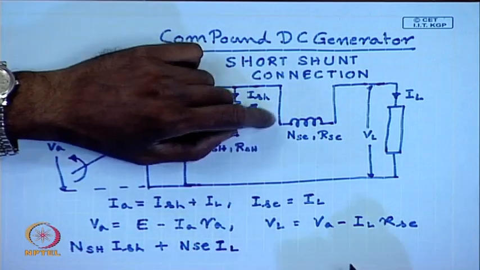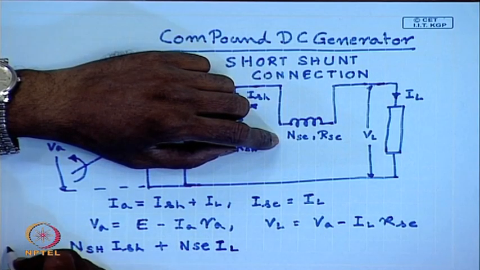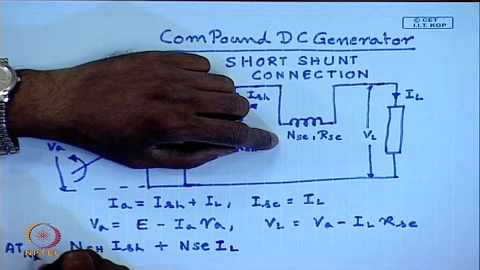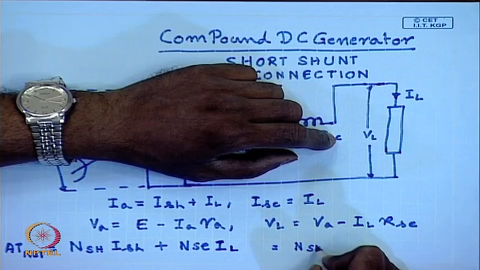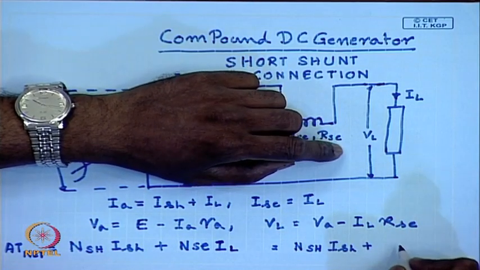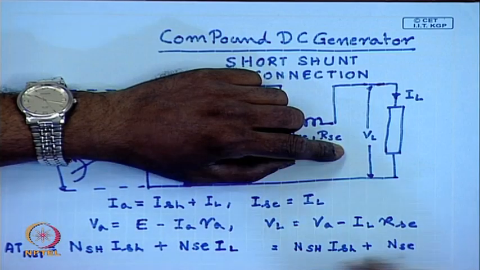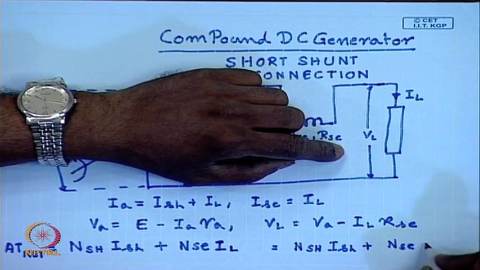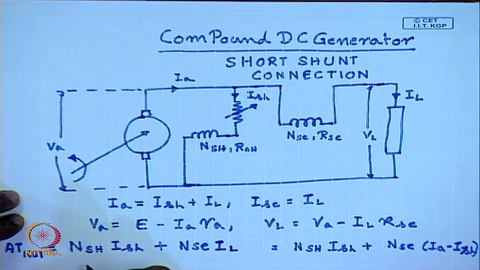For this case, IL equal to IA minus ISH, or net AT.